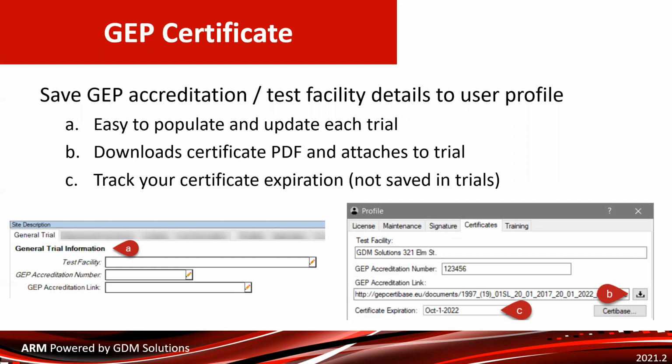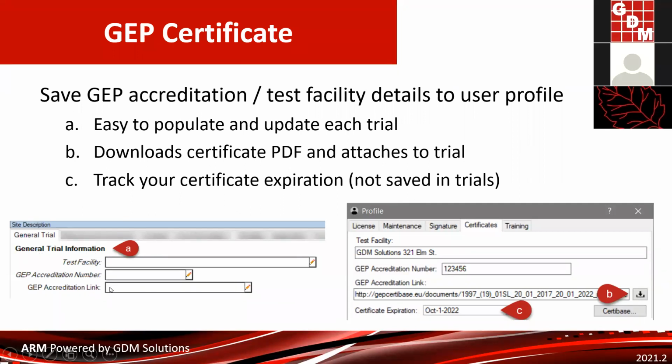So those of you that might not be familiar with this, in a trial, there is some information. These 3 fields are all linked together to provide accreditation for the test facility where you're performing the research.